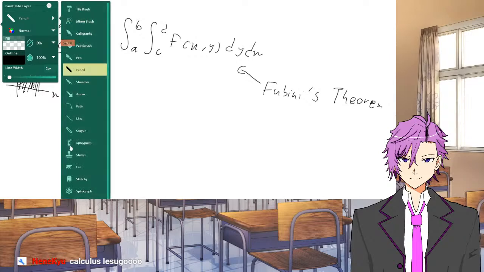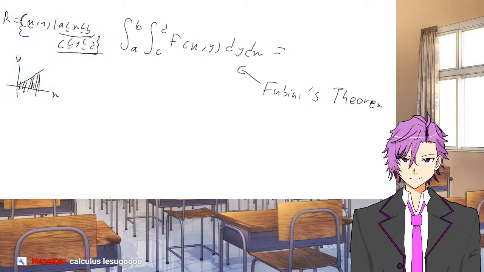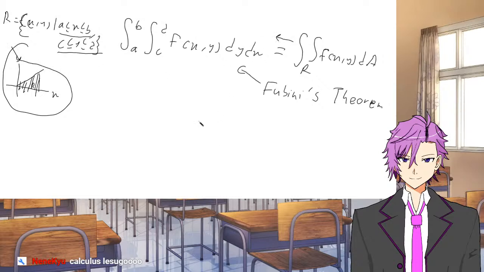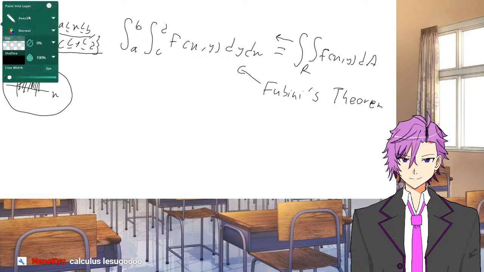I think that's it for Fubini's theorem. It's based on the integral over R of f(x, y) dA. So you can change this using the regions given, and then convert into Fubini's theorem. So anyone got that? I hope so.